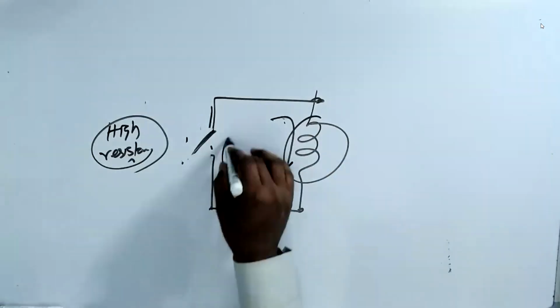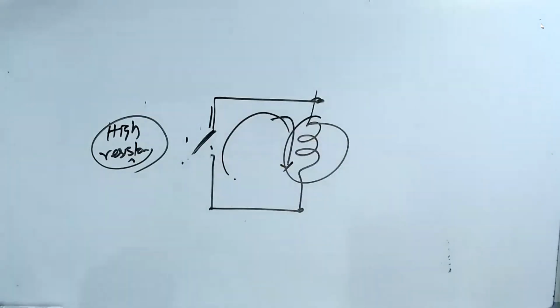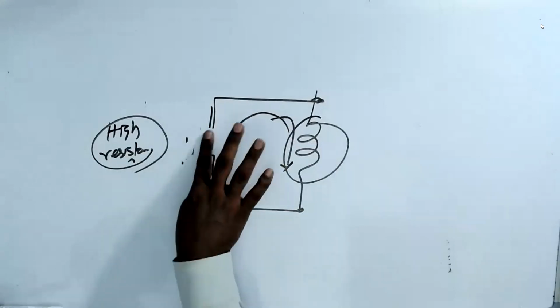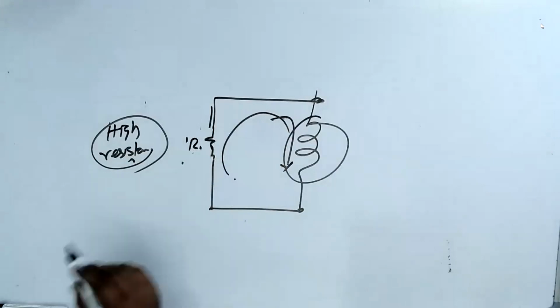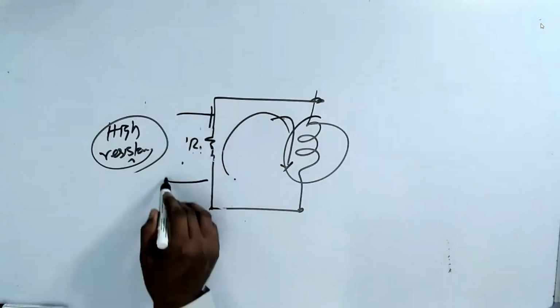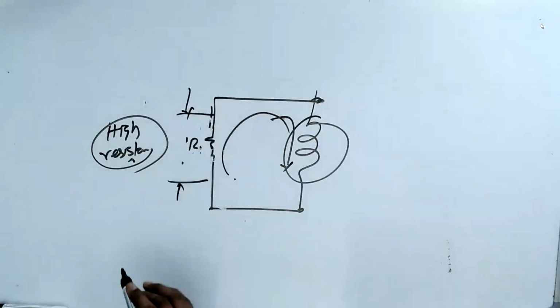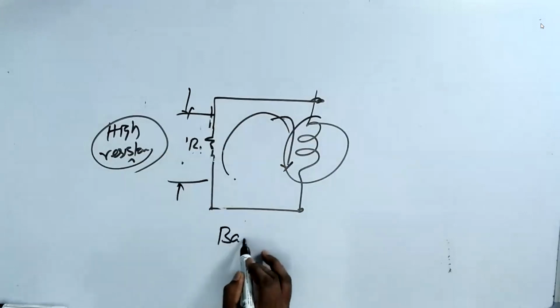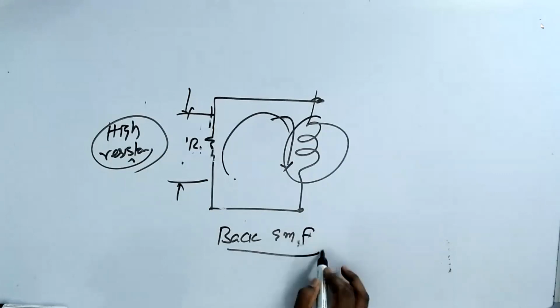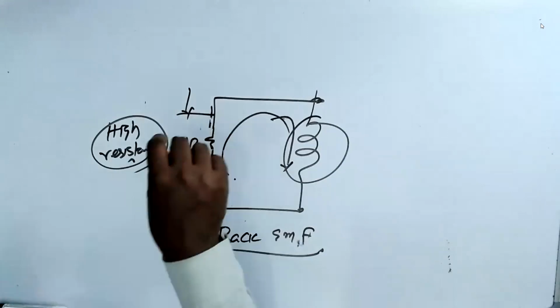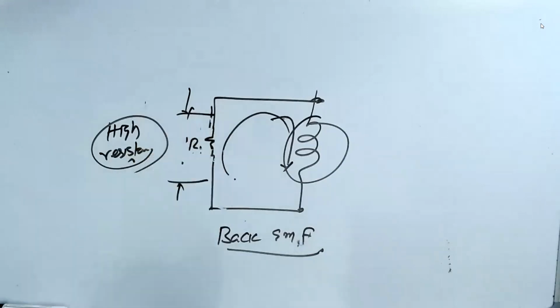So the inductor goes like this. Your transistor is not a switch, it is a high resistance, and because of that, a heavy voltage will get induced. We call that back EMF, electromotive force. Because of that, the device will get damaged.